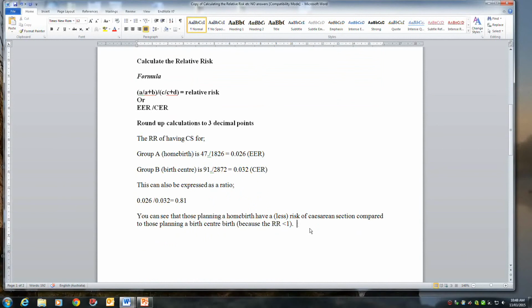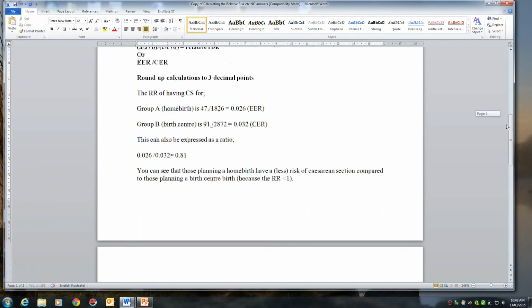How much less risk? We need to take that 0.81 away from 1. So that gives us about 0.19, which is 19%. So you could say that the women planning to have their babies at home had about 19% less risk of a caesarean section compared to their counterparts who were planning to have their baby in a birth centre.